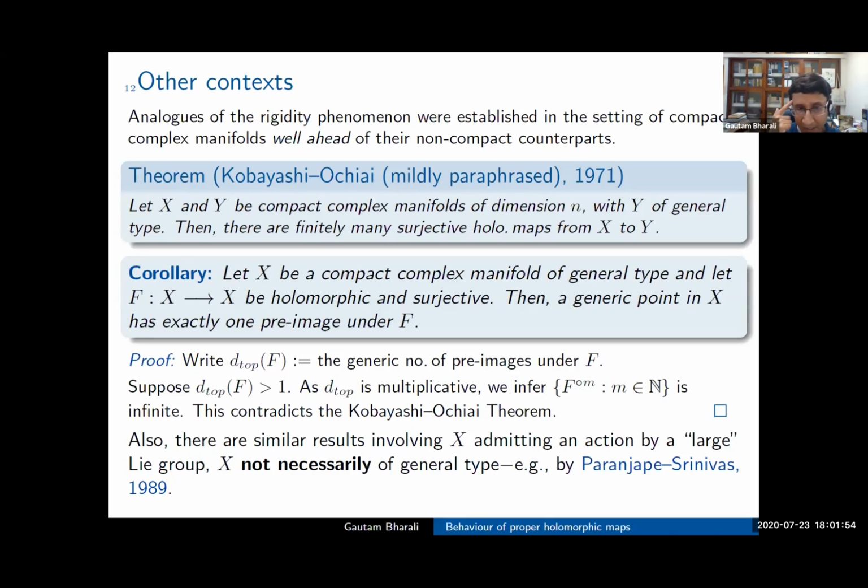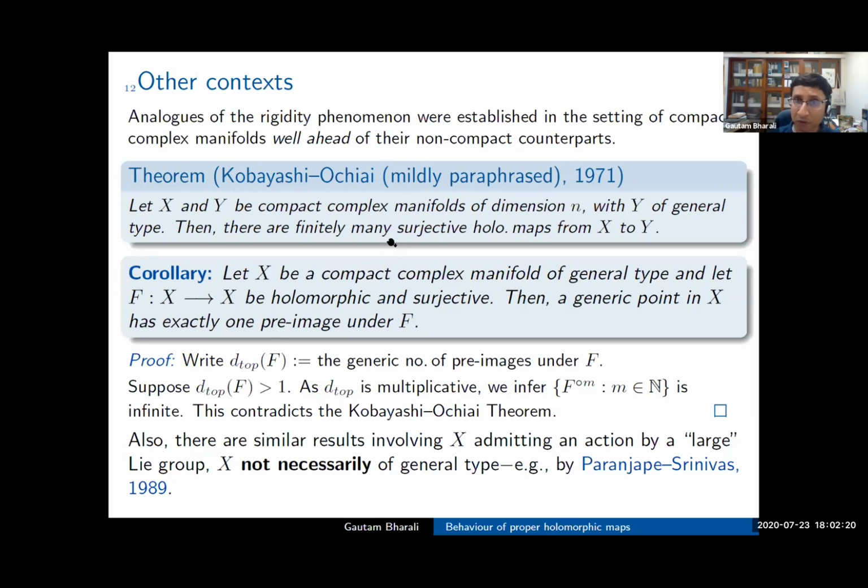The results that I have in mind are results where the conclusions are similar to this corollary. X needn't necessarily be of general type, but to mitigate this problem, one assumes the action of a large Lie group acting on X.